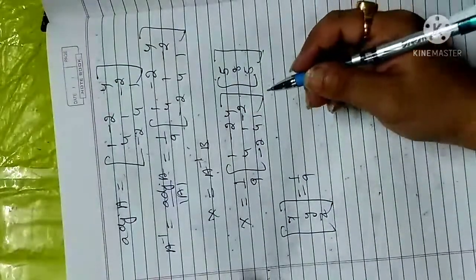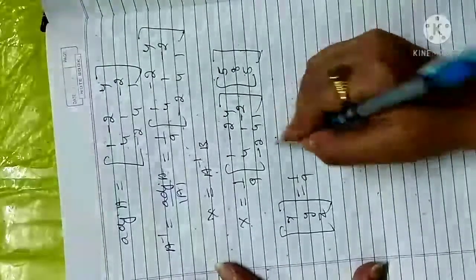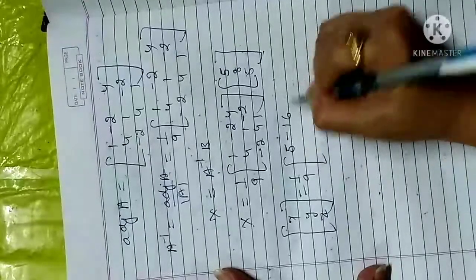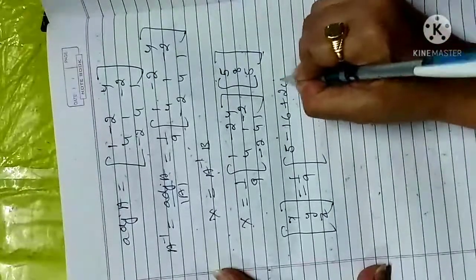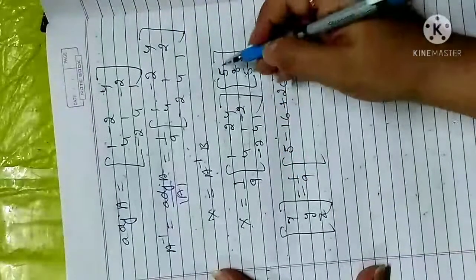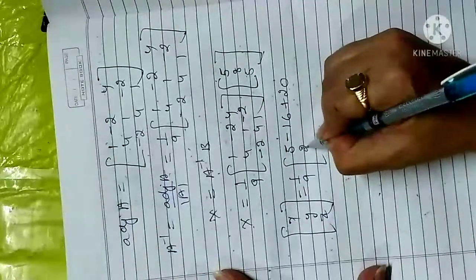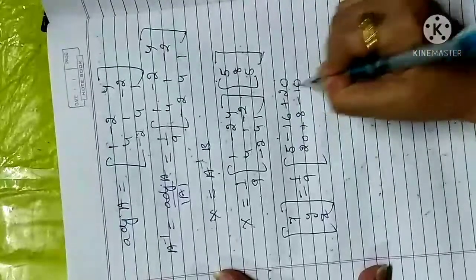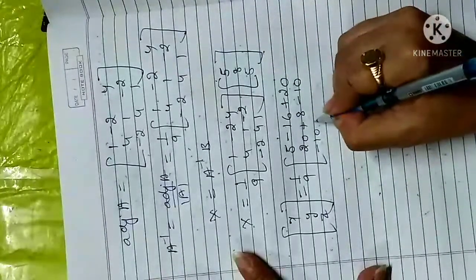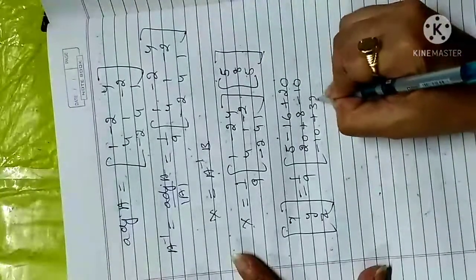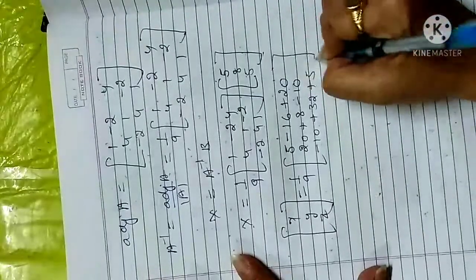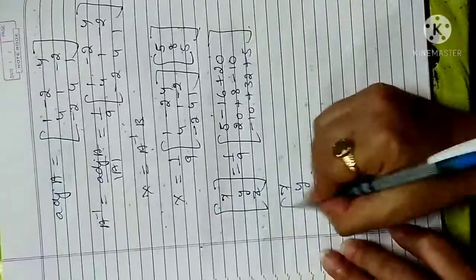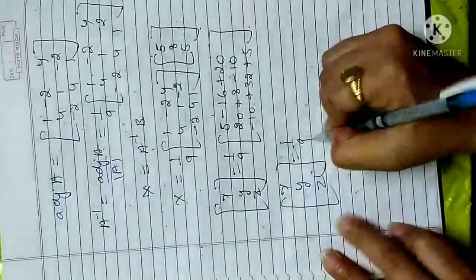So in that case I do not need to go with the LCM. So here will be 5 minus 16 plus 20. Now second row first column, that is 20 plus 8 minus 10, then -10 plus 32 plus 5. So that is x, y, z here, times 1 by 9.